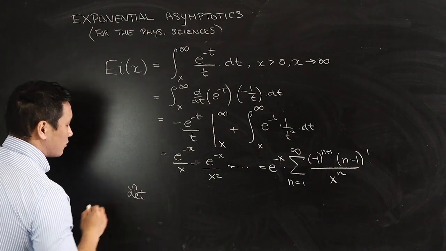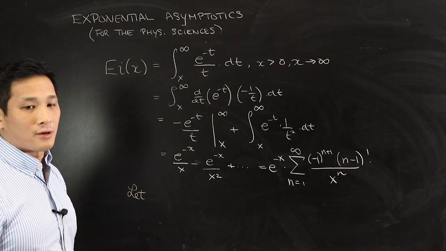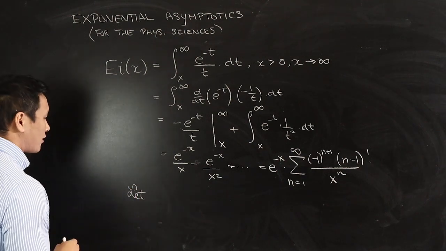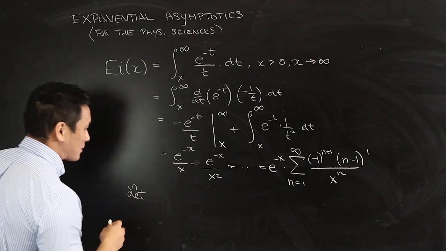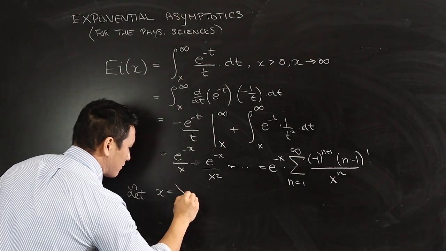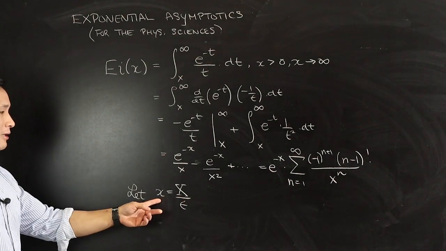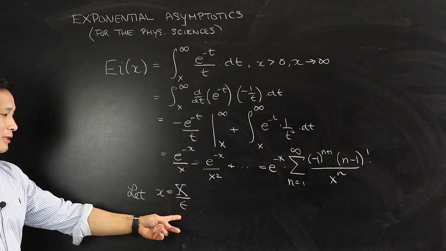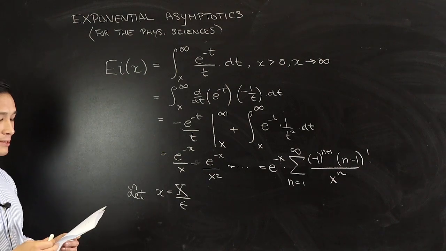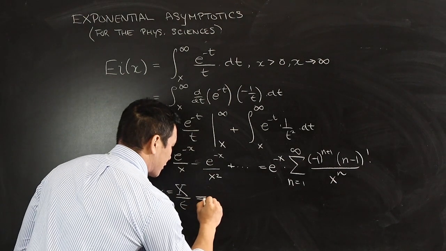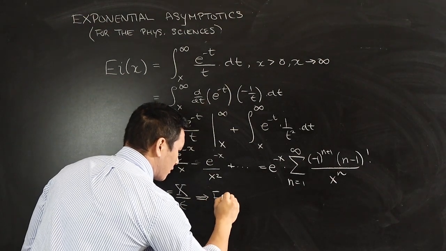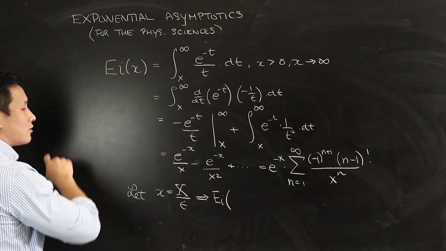Okay, now the way to visualize this process is, instead of looking at this integral, I might want to just let x be something with an epsilon in there. A lot of us doing asymptotics like to see epsilon. So if I let little x be big X over epsilon, then instead of looking at the limit that little x tends to infinity, I can just look at the limit that big X tends to 0, and that allows me to write my exponential integral as so.